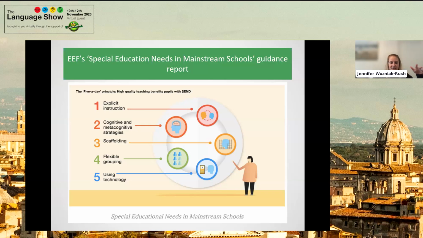So the 5 strategies outlined here from the EEF were identified as having relatively strong evidence for their effectiveness in supporting pupils with SEND. The first one, explicit instruction, refers to a range of teacher-led approaches, focused on teacher demonstration, followed by guided practice and independent practice.